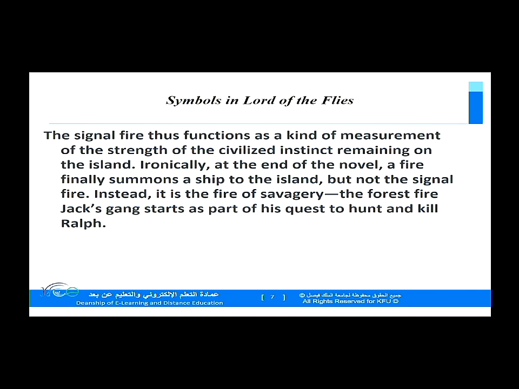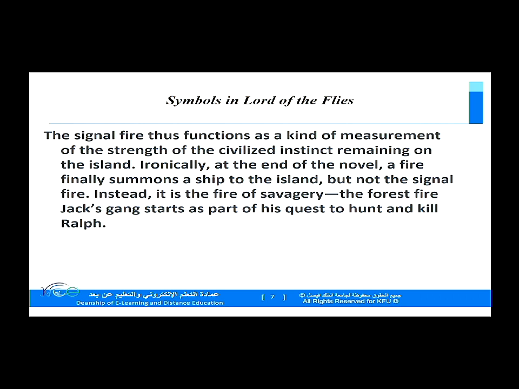Ironically, at the end of the novel, a fire finally summons a ship to the island, but not the signal fire. Instead, it is the fire of savagery, the forest fire that Jack's gang starts as part of his quest to hunt and kill Ralph.